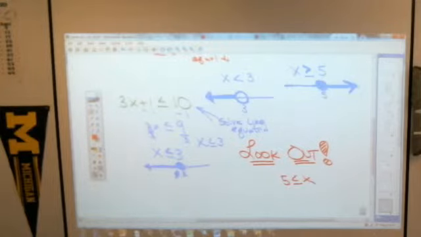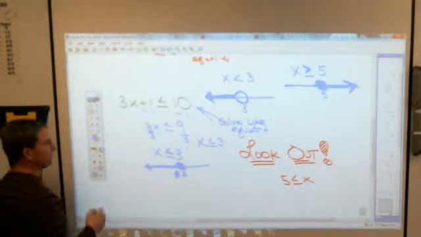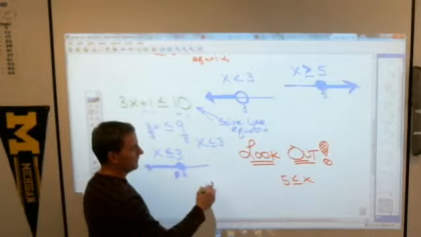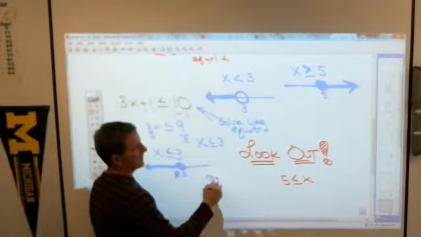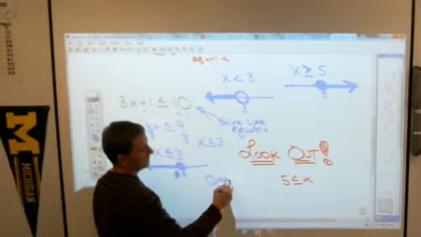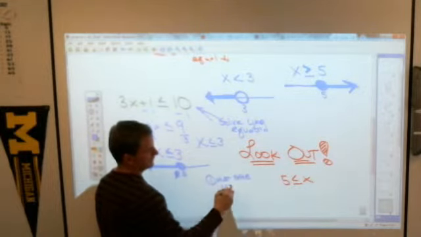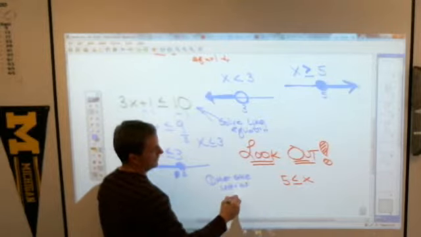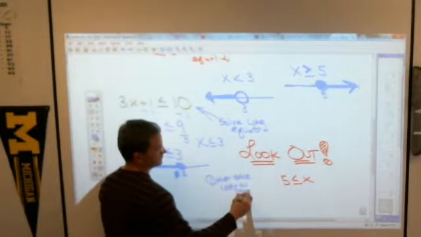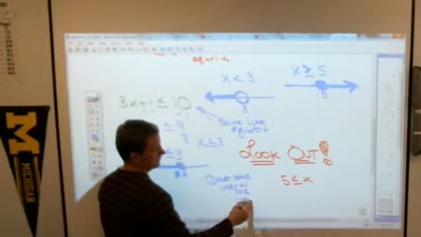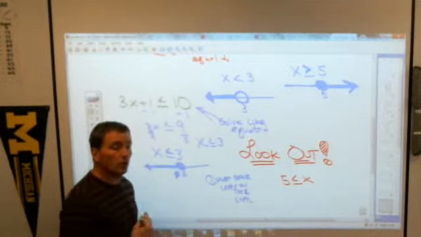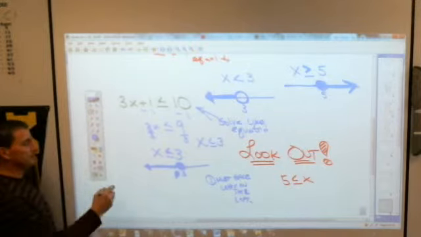Yeah, we don't do inequalities like that. Inequalities must have the variable, the letter, on the left. In normal equations, that's not such a big deal, right?